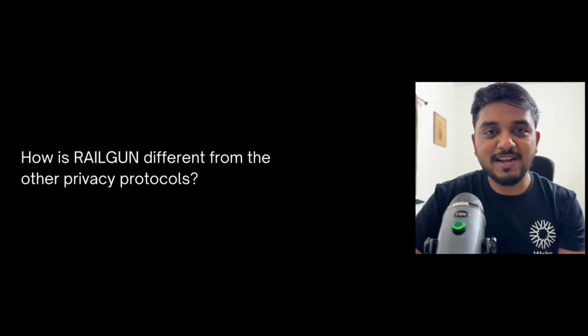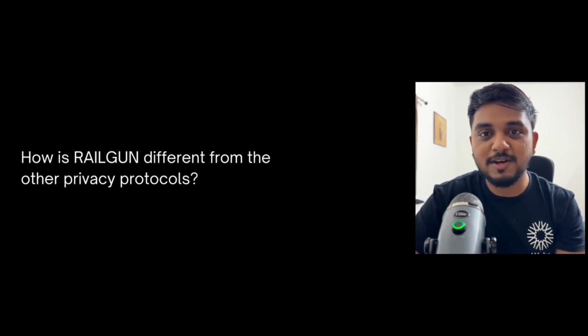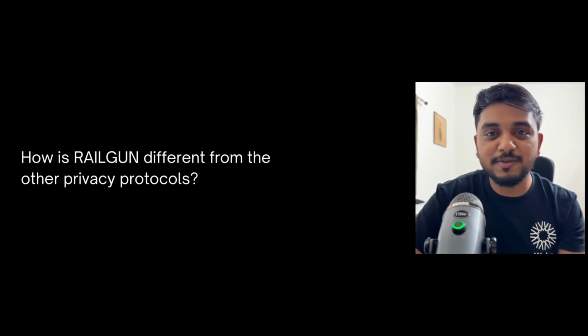So how does RAILGUN differ from the other existing pro-privacy protocols in the space? Do you have any specific pointers that make RAILGUN stand off from the other available alternatives? So RAILGUN's got a focus on security, which means everything happens directly on the layer 1 or alternative that you're using.